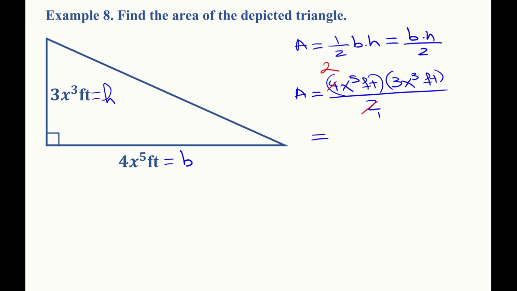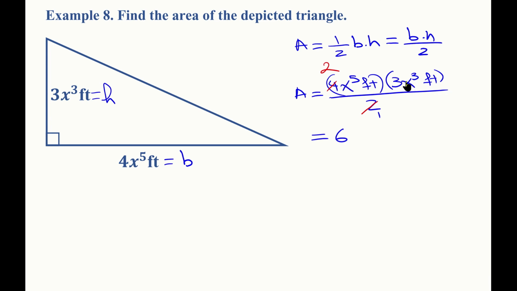So we get 1, and now we're going to get 2 times 3, which is 6, and then the x to the 5 times x cubed we can handle using the product rule.